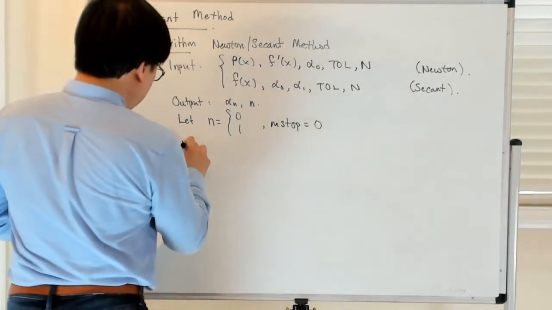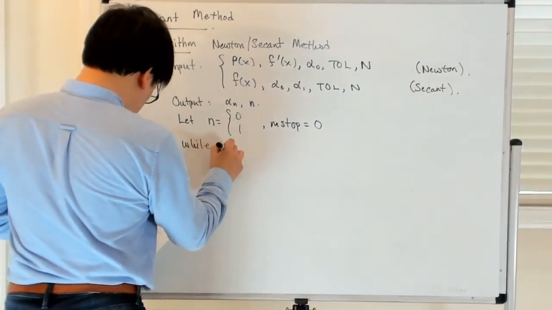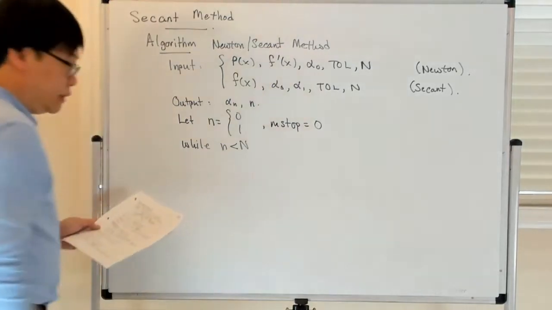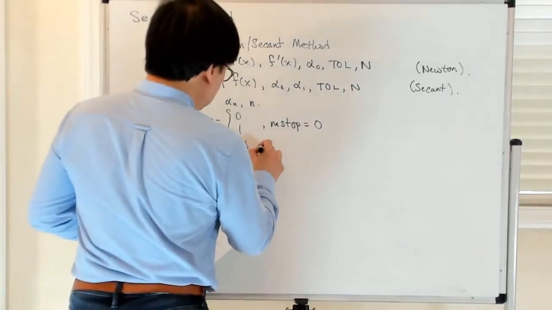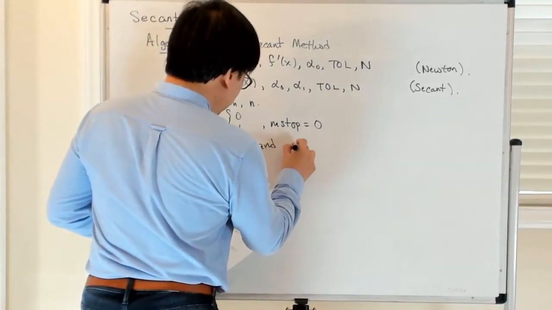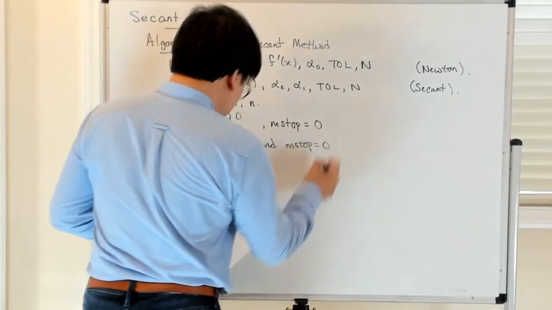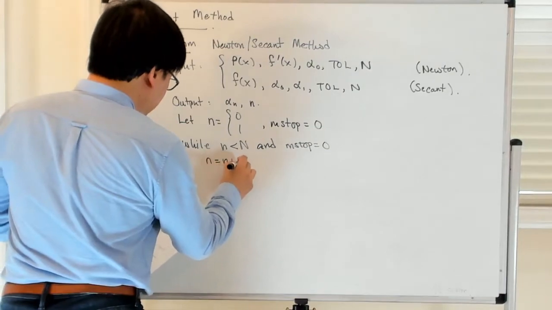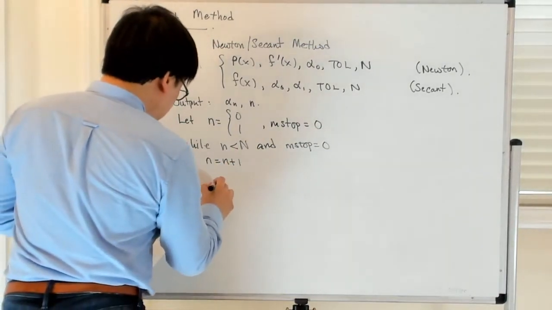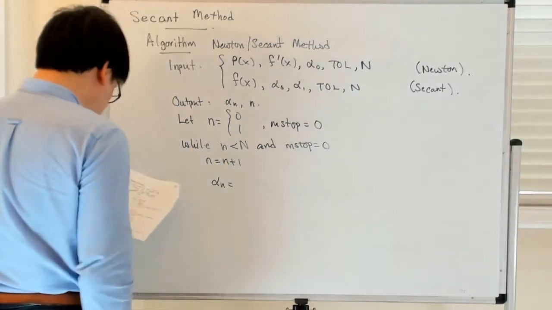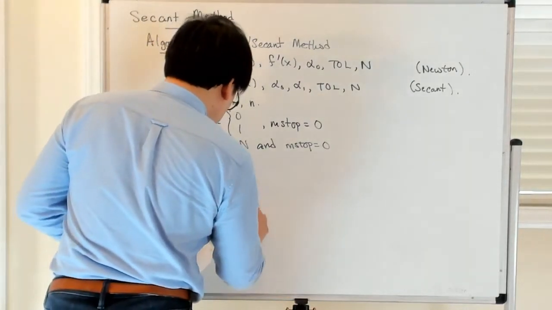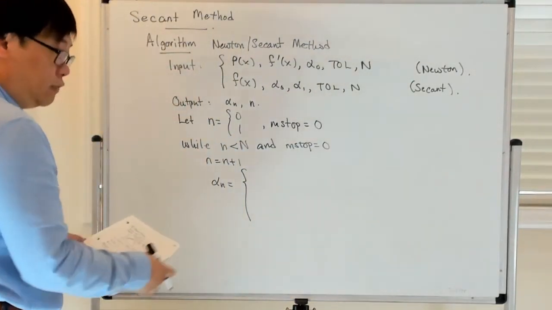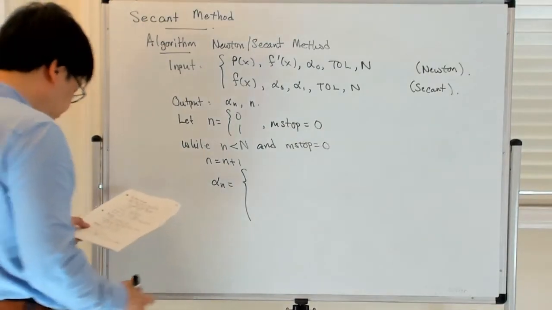Okay, so now while n is less than the maximum number of iterations big N, and the termination criterion has not been reached, so m stop is equal to 0, I'm going to increment the iteration number, and then I'm going to update the next guess for alpha.